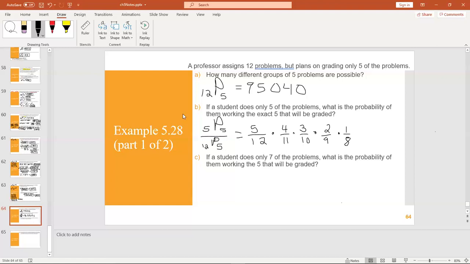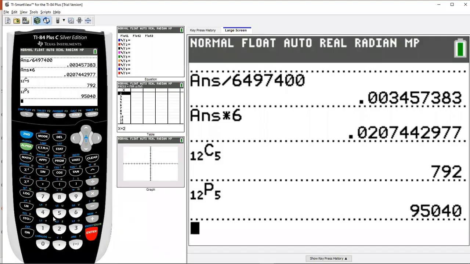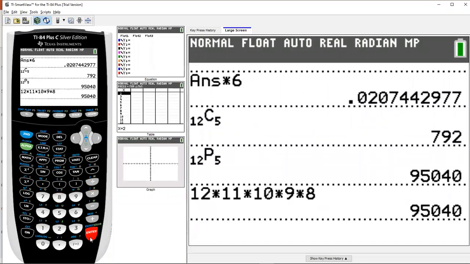So 5 pick 5 is equivalent to 5 times 4 times 3 times 2 times 1. 12 pick 5 is going to be the same as 12 times 11 times 10 times 9 times 8. So if we do that, 12 times 11 times 10 times 9 times 8, we get the exact same number.